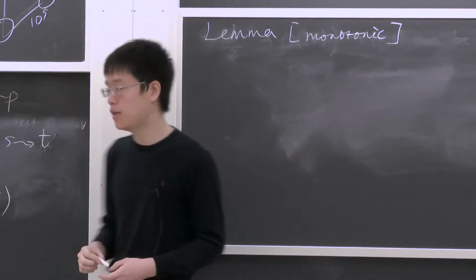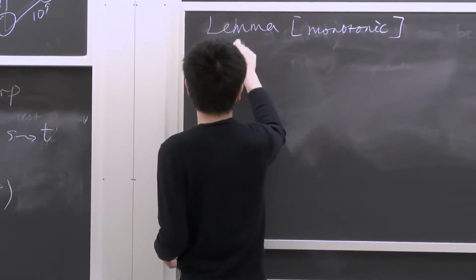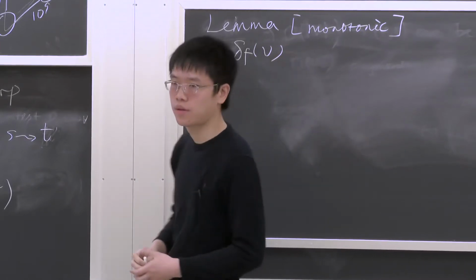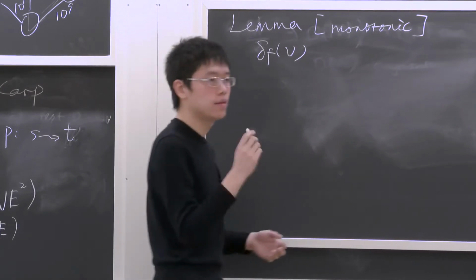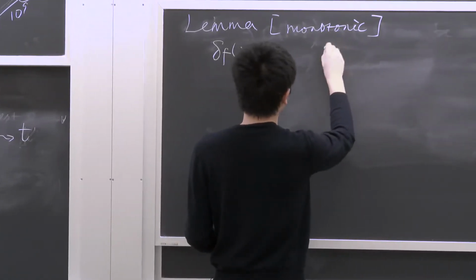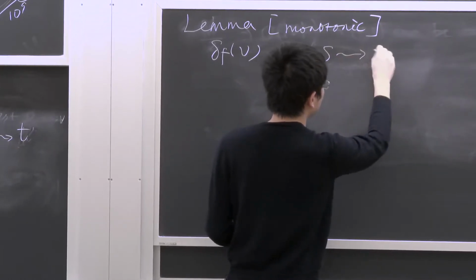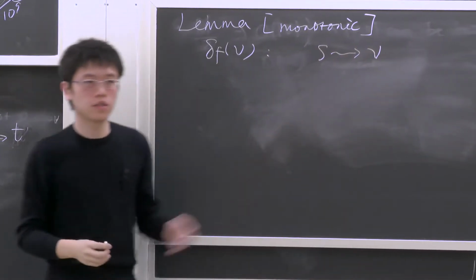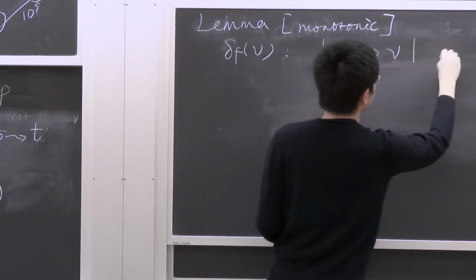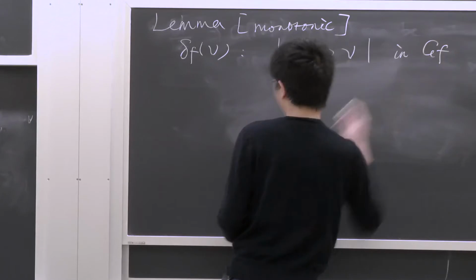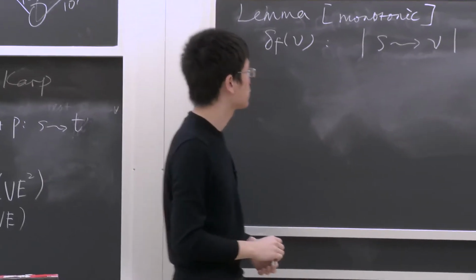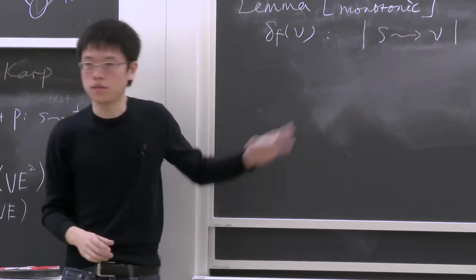So let me define delta F V. This is the length of the shortest path from S, from the source to V, which is a node in the graph, the length of that in residue graph of F. Okay, is that definition clear?